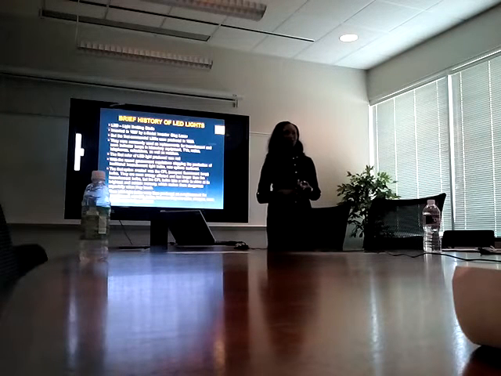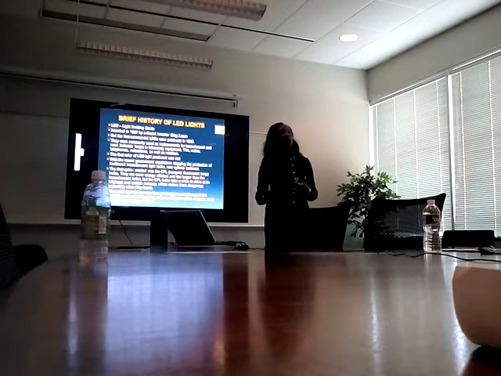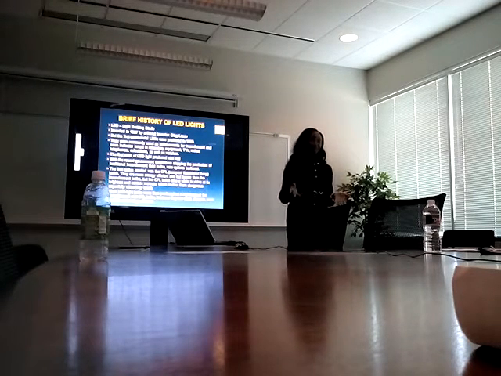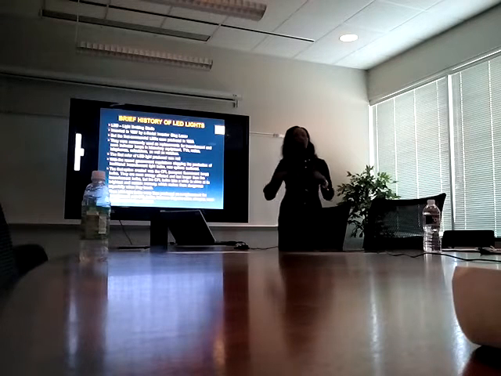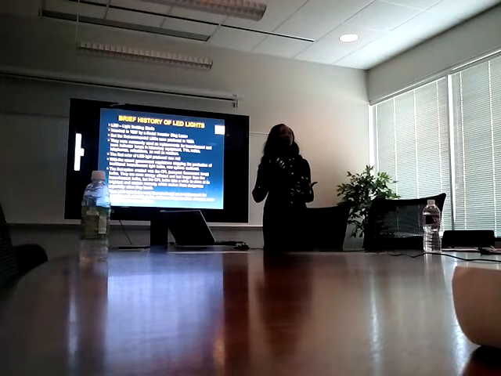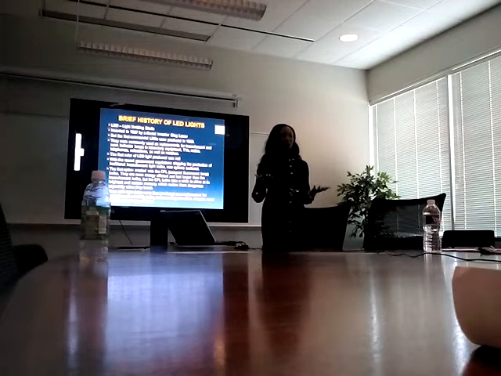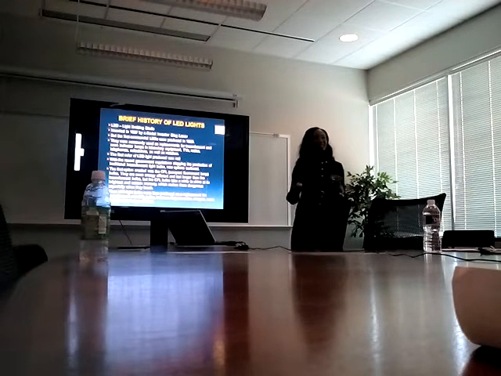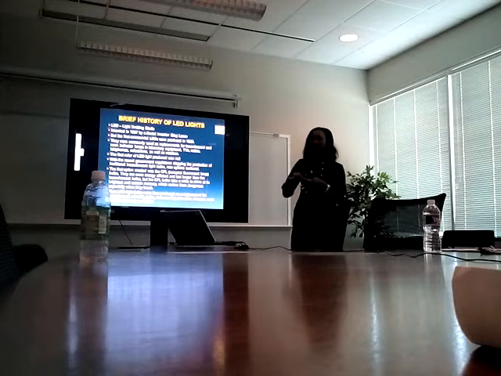The very first one was the CFL bulbs, the compact fluorescent lamp. At first, the CFL bulbs looked like the perfect replacement for the incandescent lights because they were more energy efficient and more durable, but they had some side effects. The very first one was that it takes a long time for it to shine to its brightest.